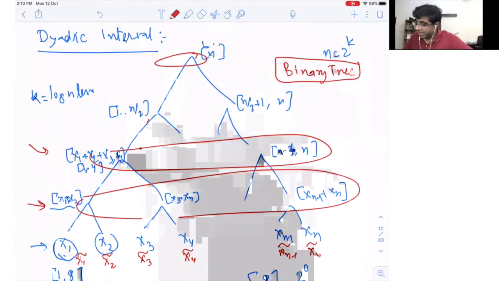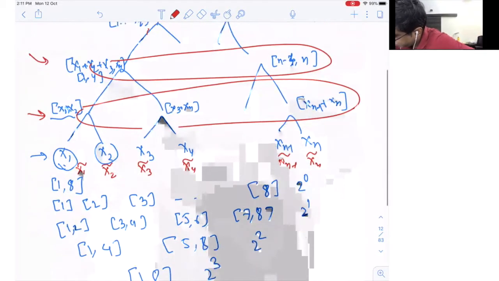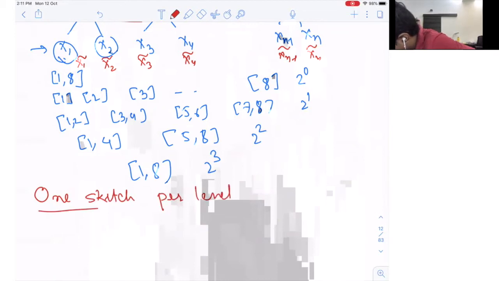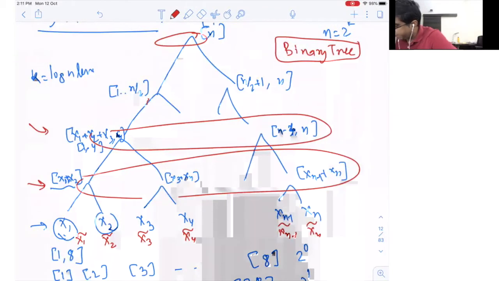So I will have a dyadic interval, and I will have one sketch per level.